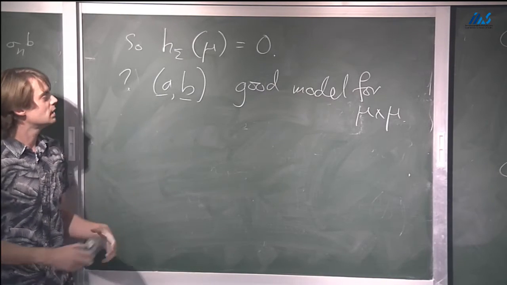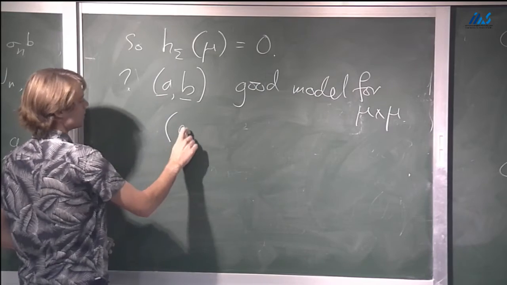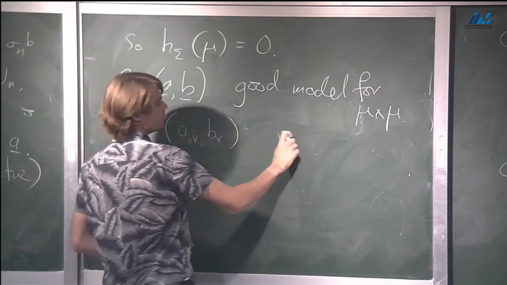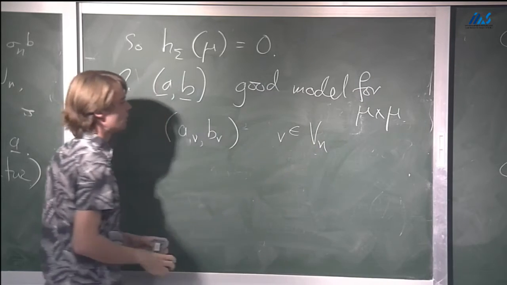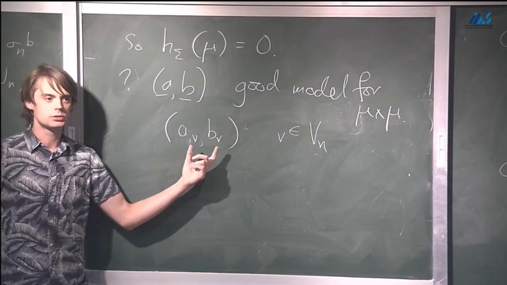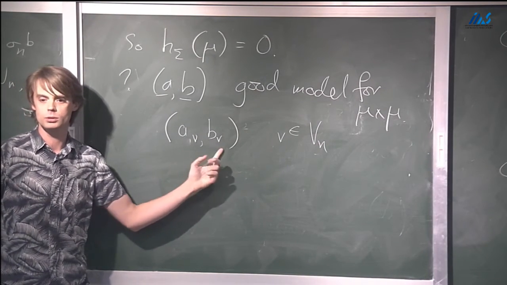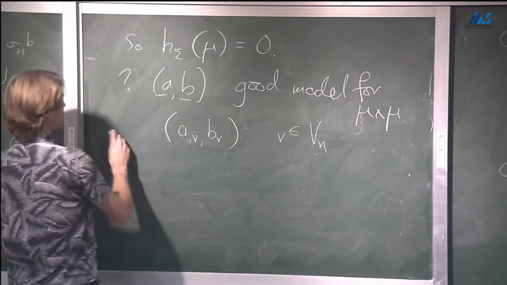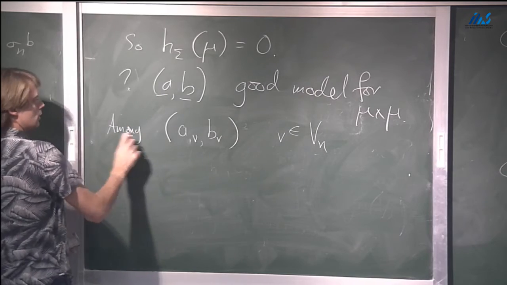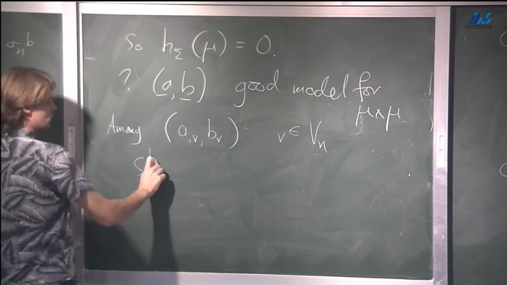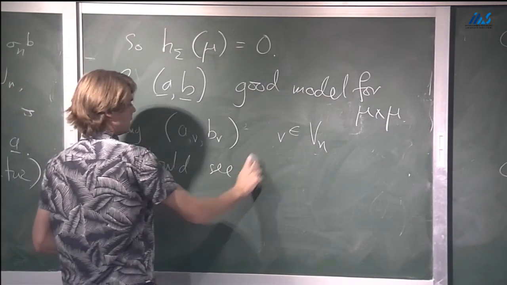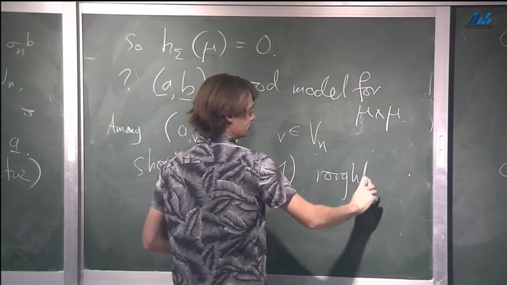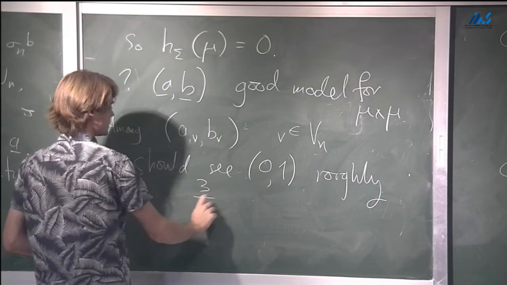But also it should mean that if you look at the pairs AV, BV, as V ranges over the whole of Vn, the frequency with which you see 0, 1 should be roughly 1/4 times 3/4. So among these pairs you should see 0, 1 roughly, say, 3/16 of the time.